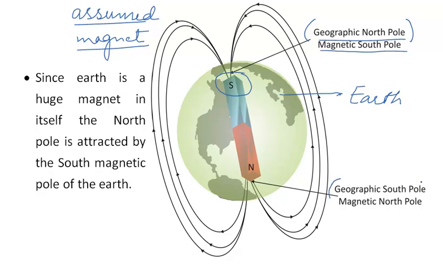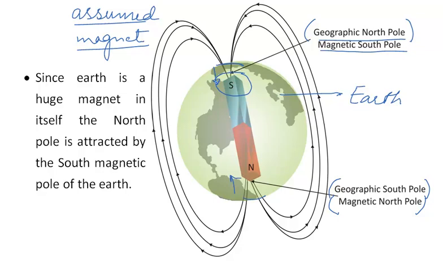And the geographic south pole has the magnetic north pole. Another thing is that the south and north pole of the assumed bar magnet of Earth are not exactly on the south pole or the north pole. They are slightly inside.